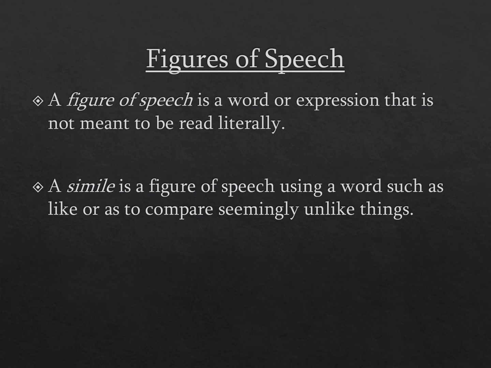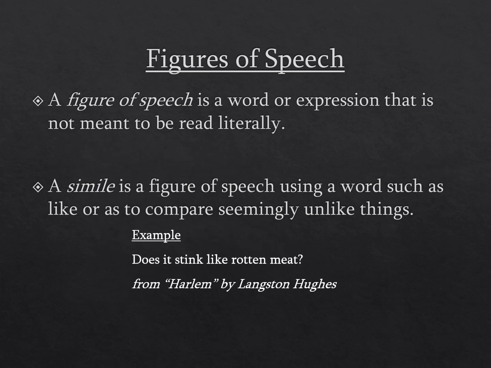Simile is a figure of speech which uses words such as like or as to compare seemingly unlike things. Again, let's repeat that simile compares two unlike things using the expressions like and as. Example: "Does it stink like rotten meat?" This is from Harlem by Langston Hughes.